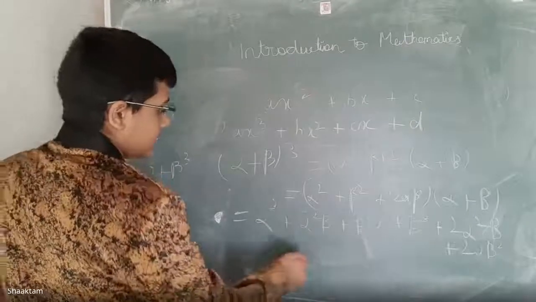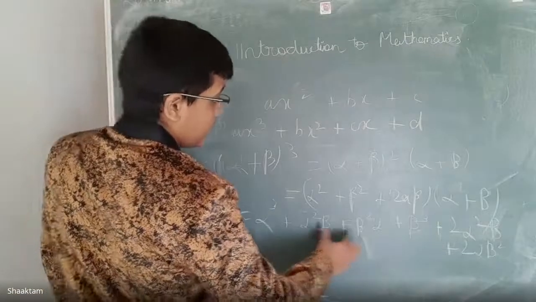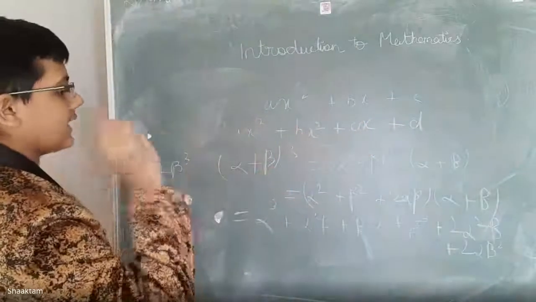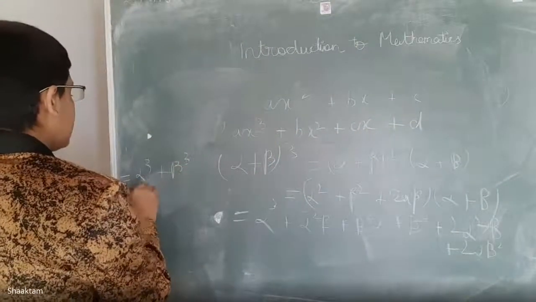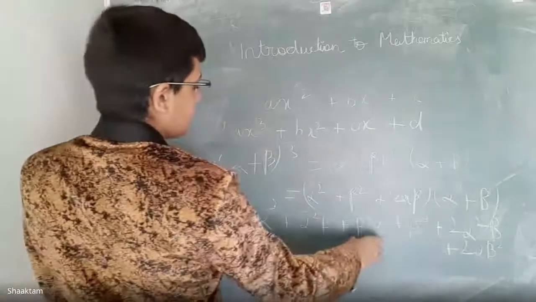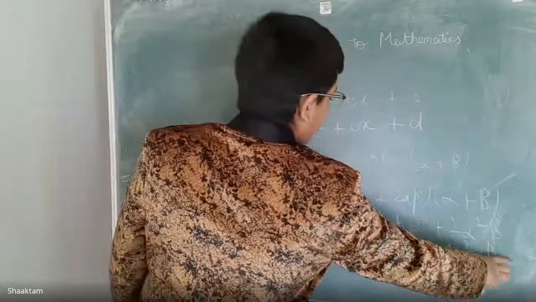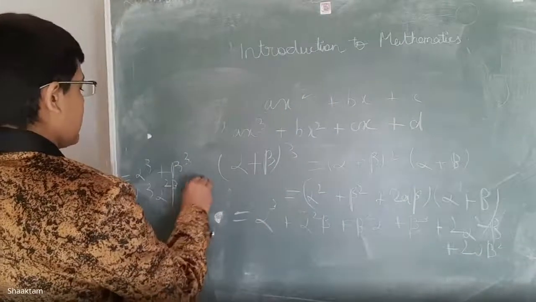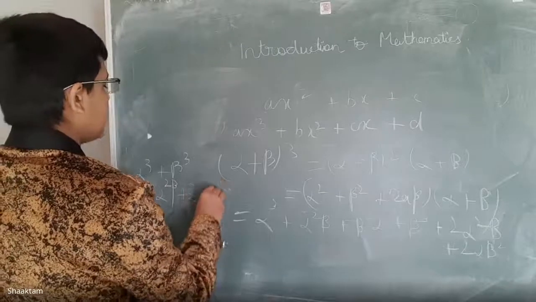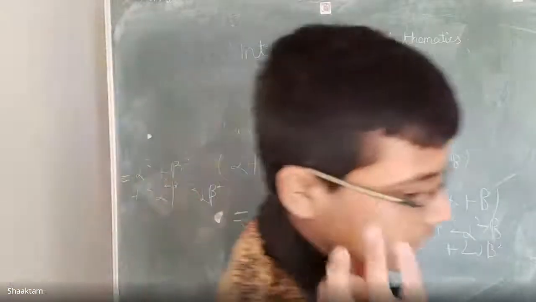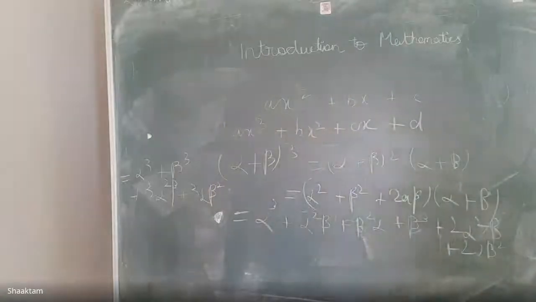But there's one alpha square beta here and a 2 alpha square beta here, and they have an addition sign, so I can make them 3 alpha square beta. Similar is the case with beta square alpha plus 2 alpha beta square, which gets me 3 alpha beta square. Fine. So this is the formula for alpha plus beta the whole cube.